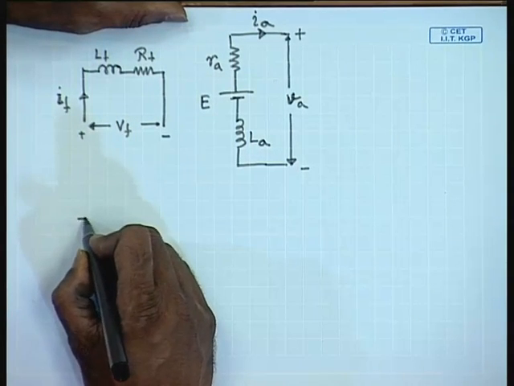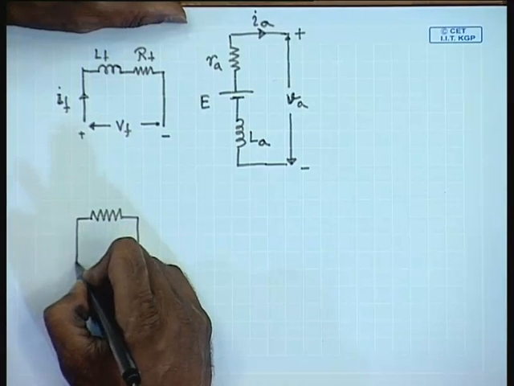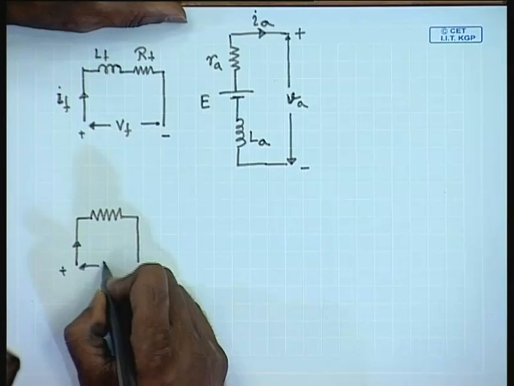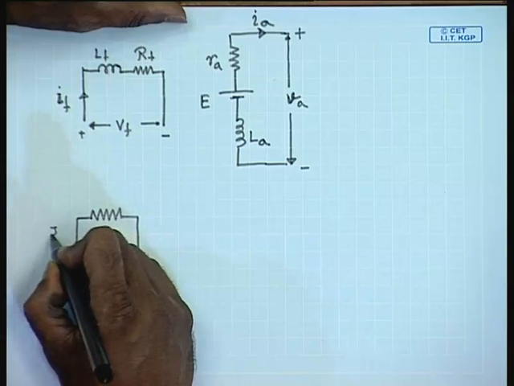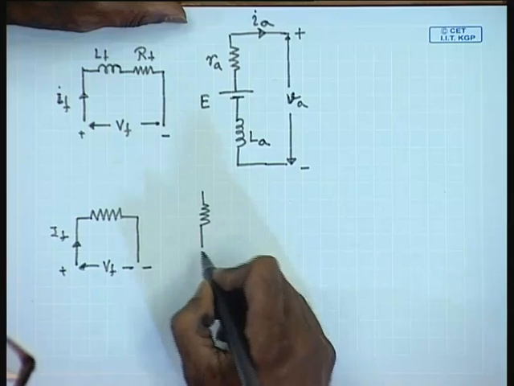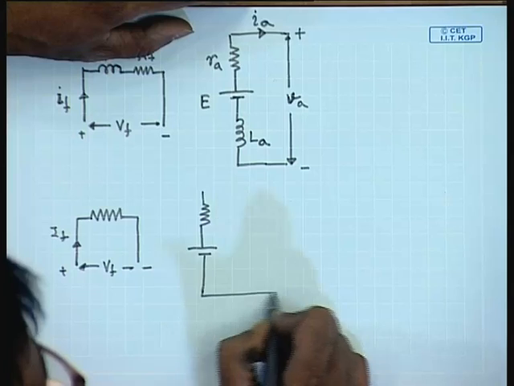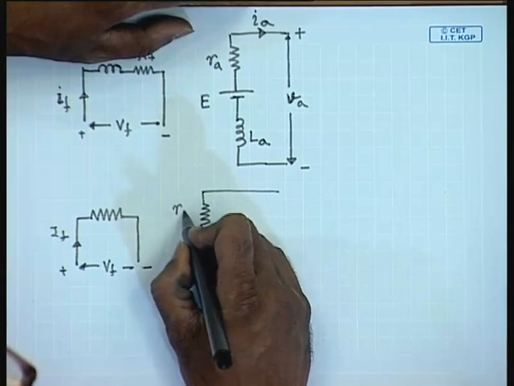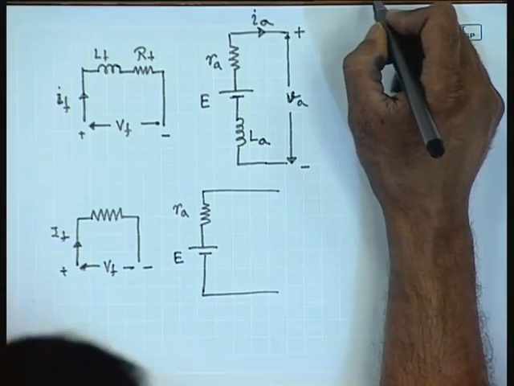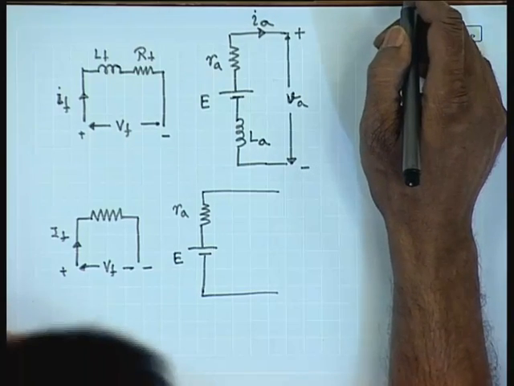Therefore, we can neglect the inductance for steady state operation. Hence, the field circuit can be represented by simply the field resistance, and the armature circuit by the armature resistance and the induced voltage E. Sometimes the contact resistance of the brushes is also modeled.